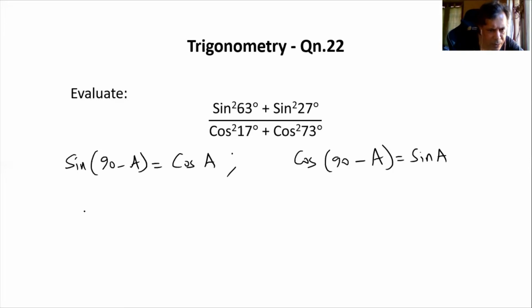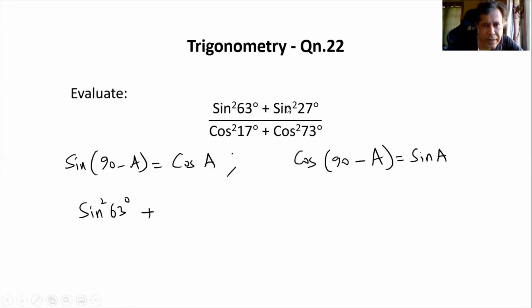So first let me write down sine square 63 as it is. Then for the second one, I will apply this equation. I will substitute A for 63. If I substitute A for 63, what will happen is 90 minus 63. 90 minus 63 is 27.